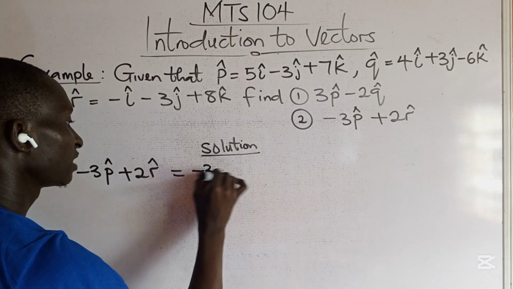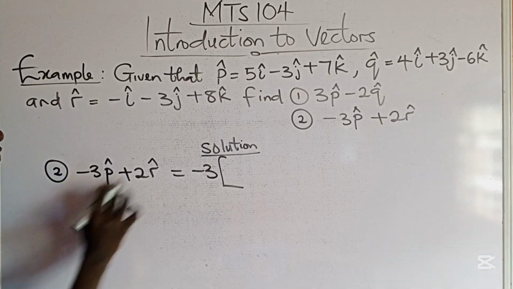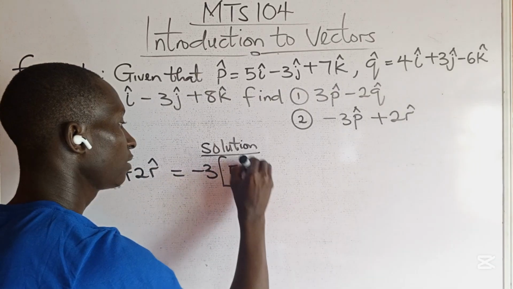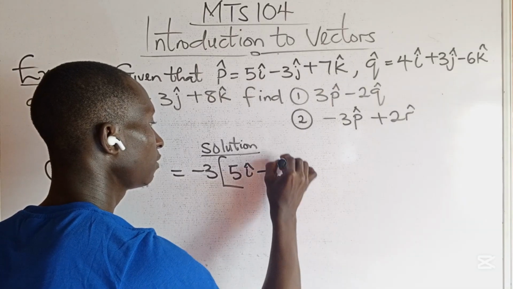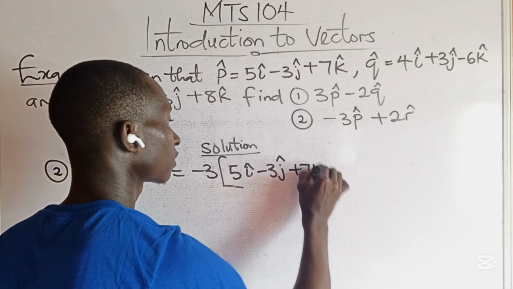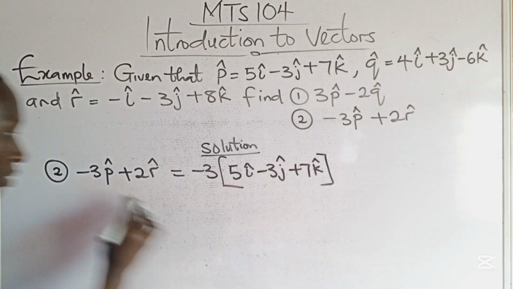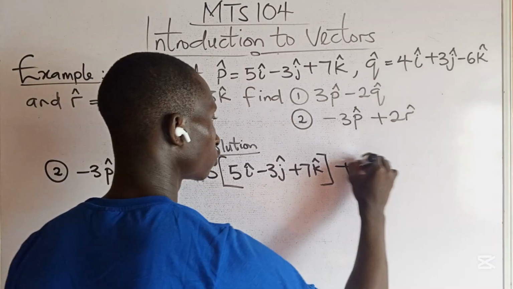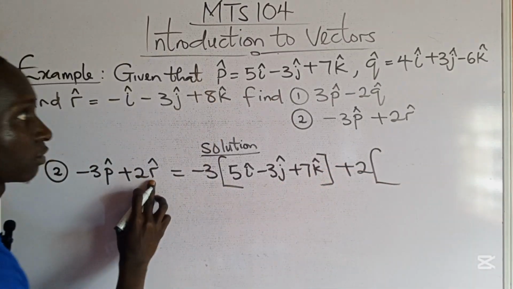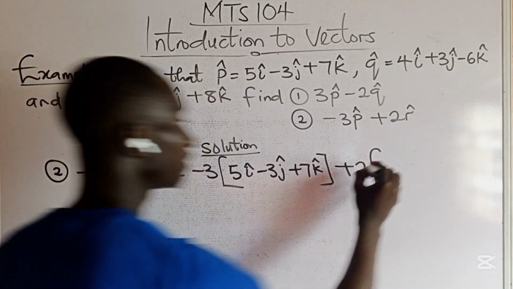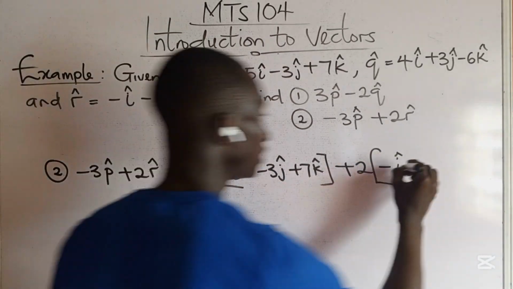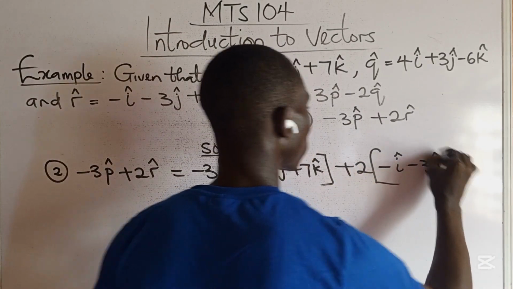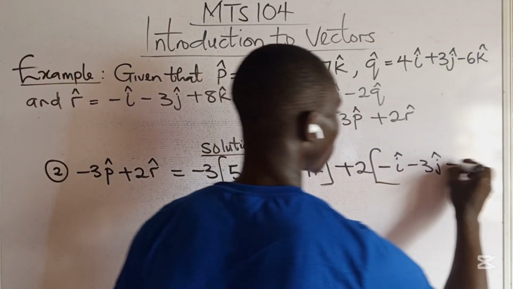That is minus 3 into bracket vector P, which is 5I minus 3J plus 7K, plus 2 into bracket R. Our R is given as minus I minus 3J plus 8K.